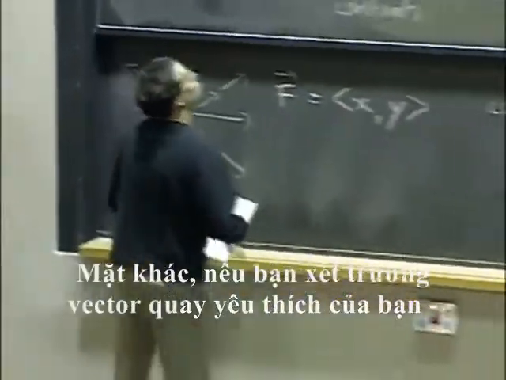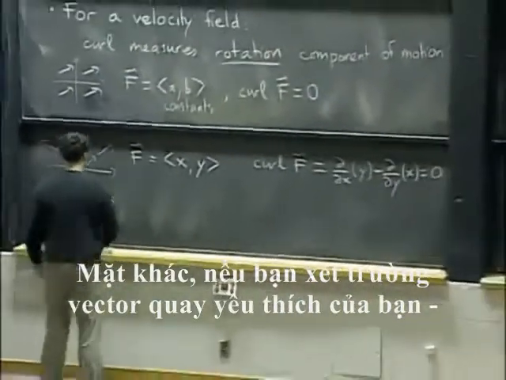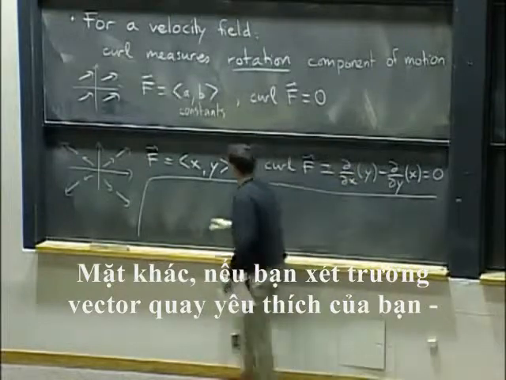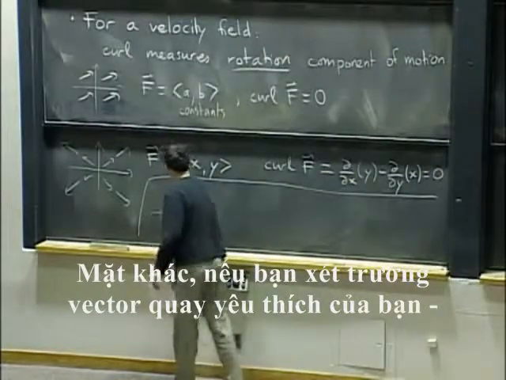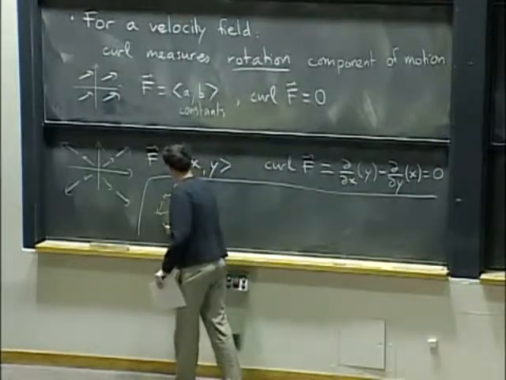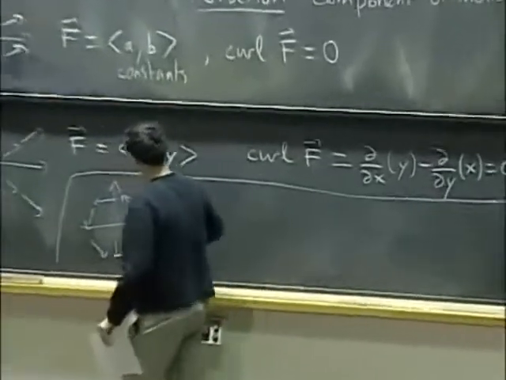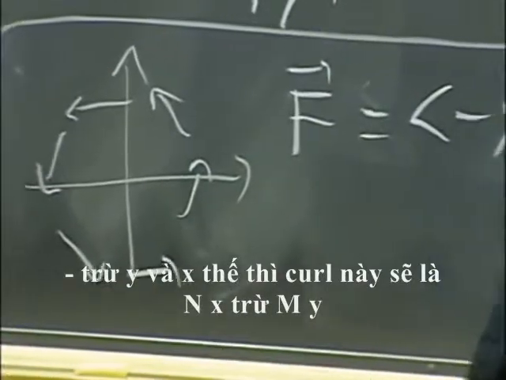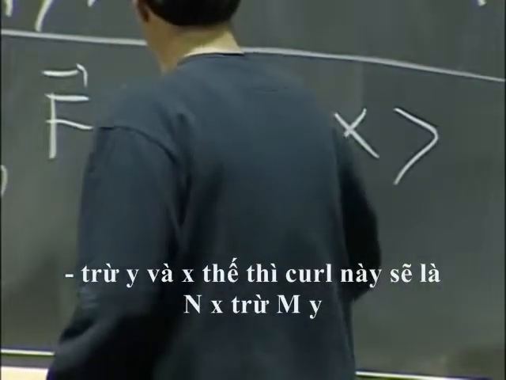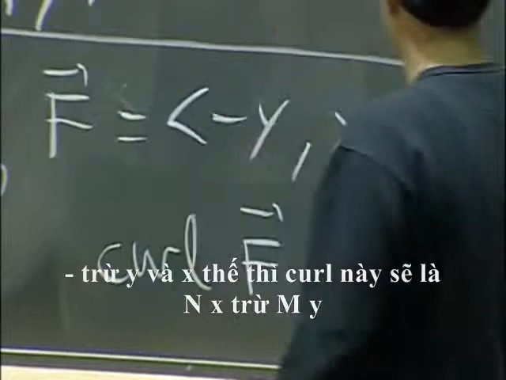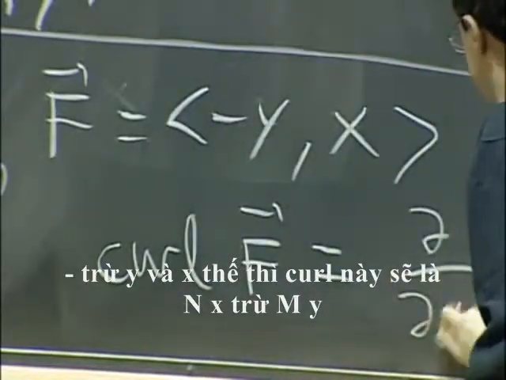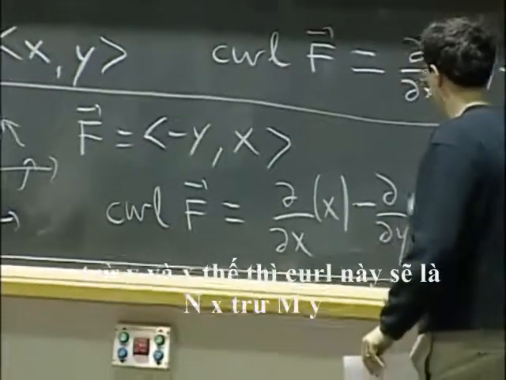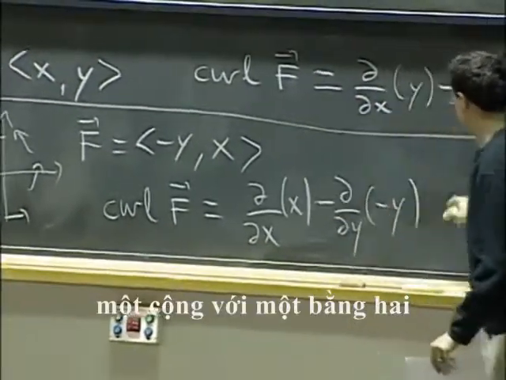And indeed, if you think about what's going on here, there's no rotation involved. On the other hand, if you consider our favorite rotation vector field, negative y and x, then its curl is going to be n sub x minus m sub y, which is 1 plus 1 equals 2.